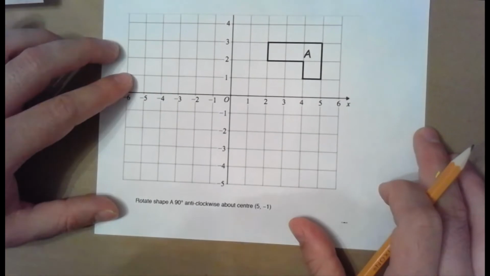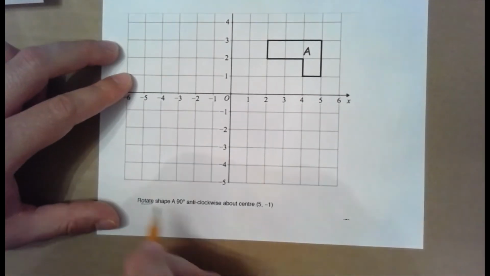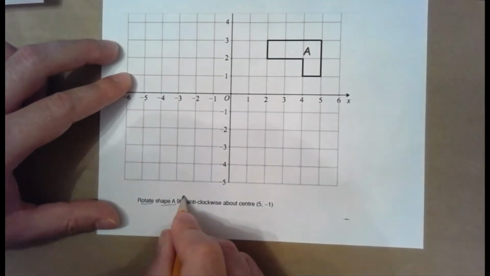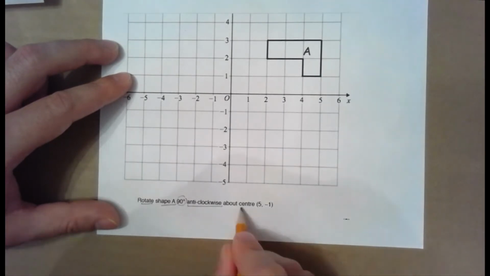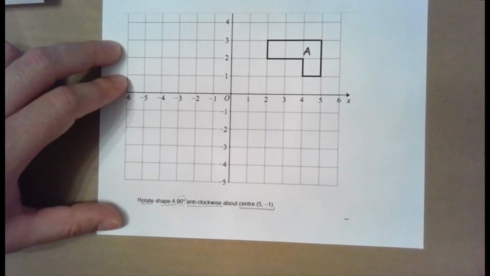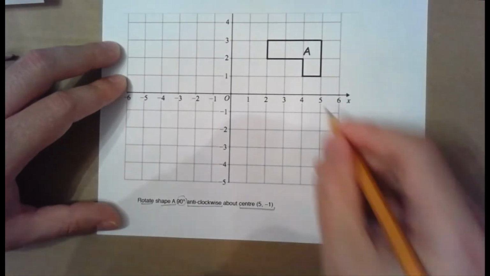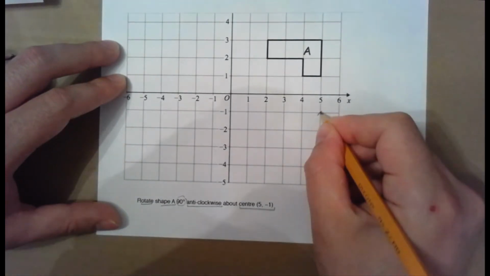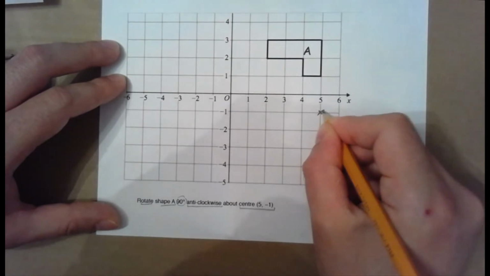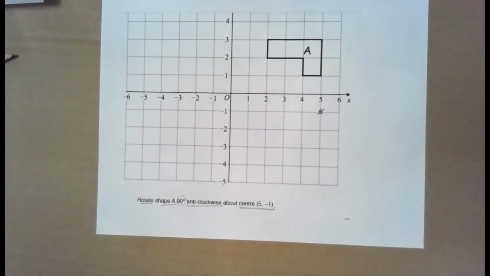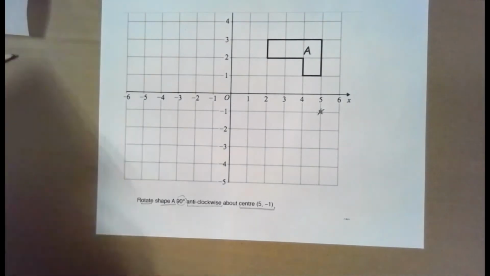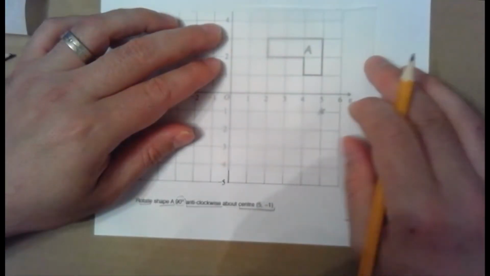Okay, so this time we're going to rotate the shape 90 degrees anti-clockwise using the center 5, -1. So first we'll mark the center 5, -1. So trace over it.